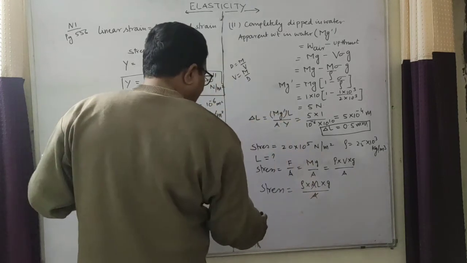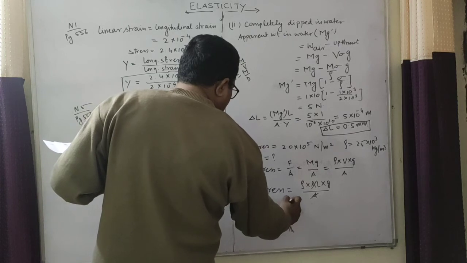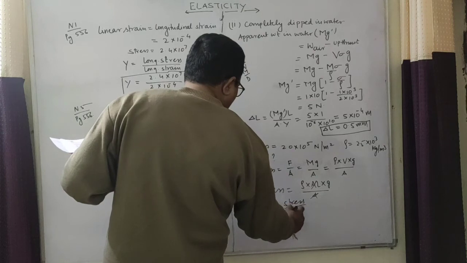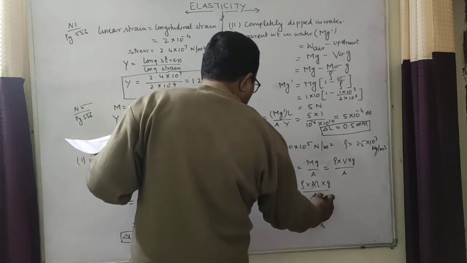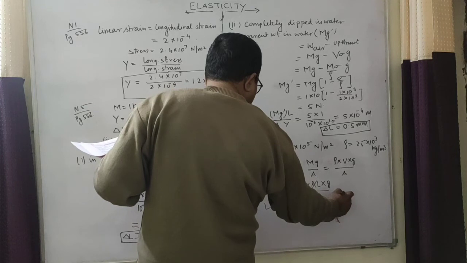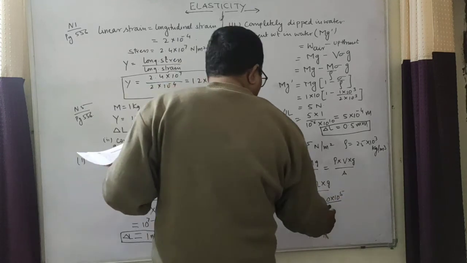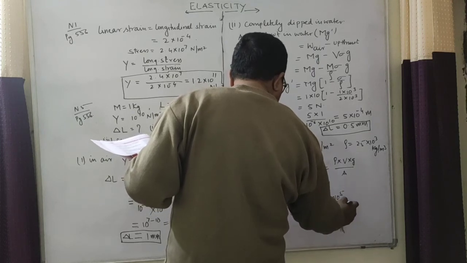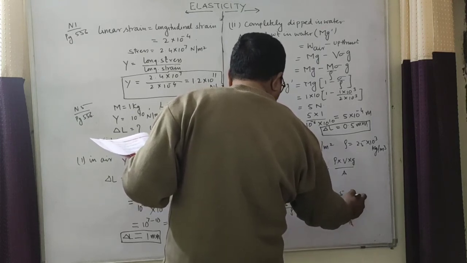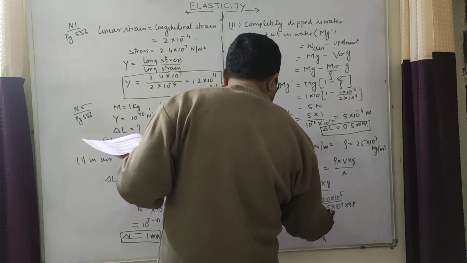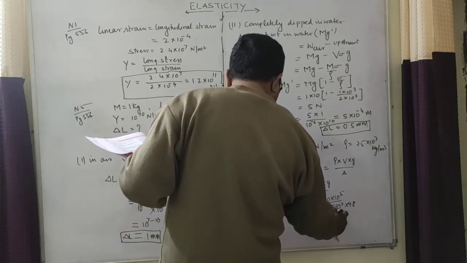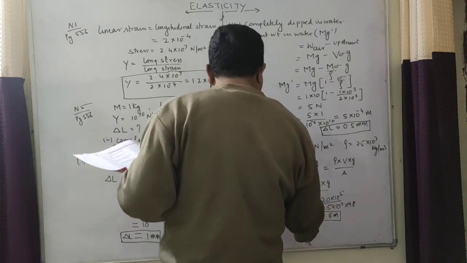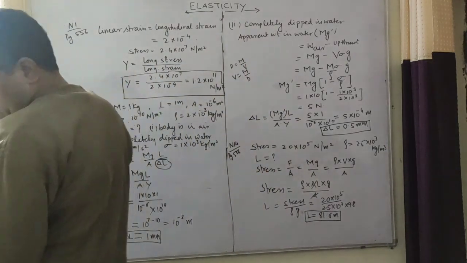You need to find L. So L is equal to stress divided by rho into G. Stress is 20 into 10 to the power 5, rho is 2.5 into 10 to the power 3, and G is 9.8. On solving it, you are going to get 81.6 meter. So this is the answer of the given question, numerical number 14 on the page 556.